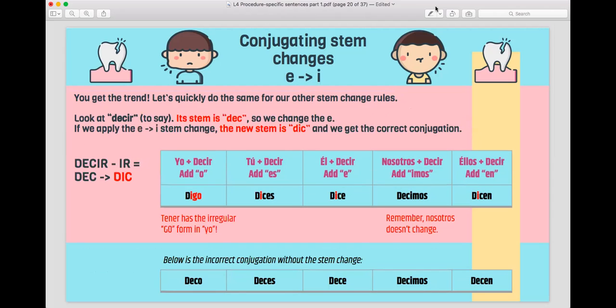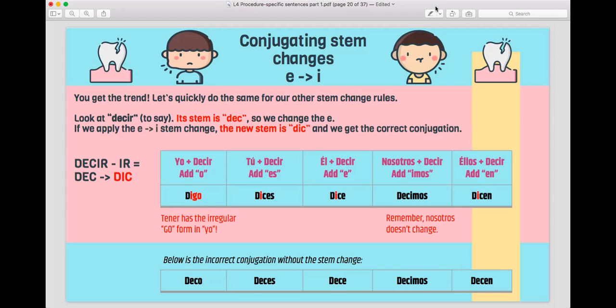And lastly, let's try this with our E to I stem change with decir, which means to say something or to talk. Our stem we would expect to be D-E-C. So we take that E in dec and change it to I, and now our new stem is dic. Decir happens to also be a go verb, so that's why we see digo.